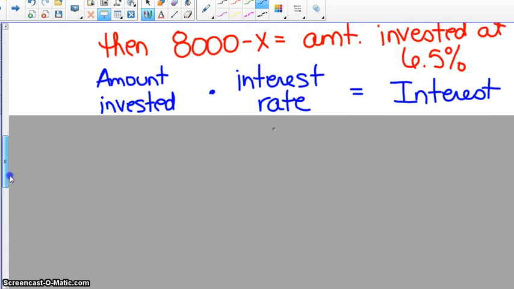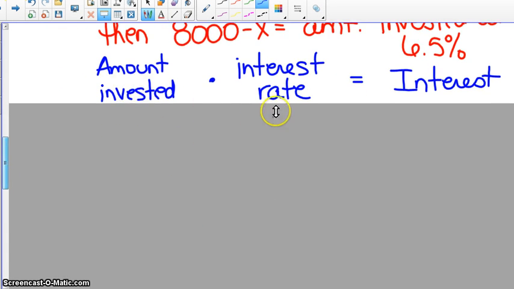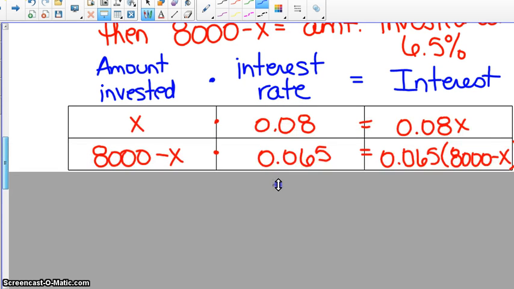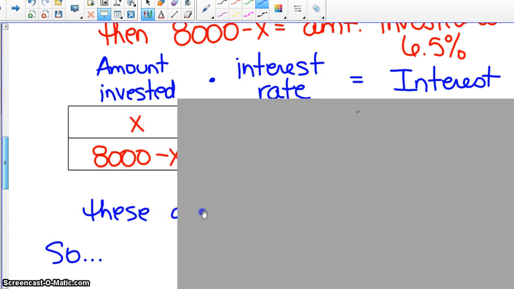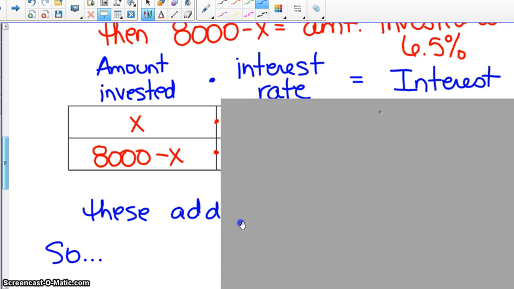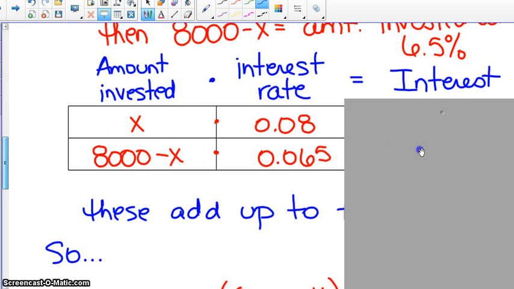So all I've done here is make this chart. We're going to say the amount invested, X and 8,000 minus X, that's our total amount, at two different interest rates. One's at 0.08, one's at 0.065.